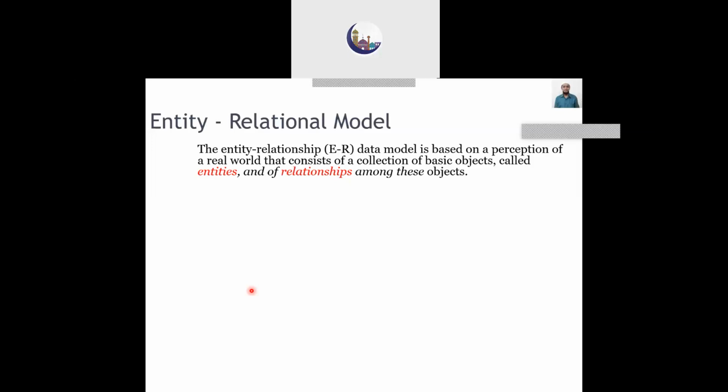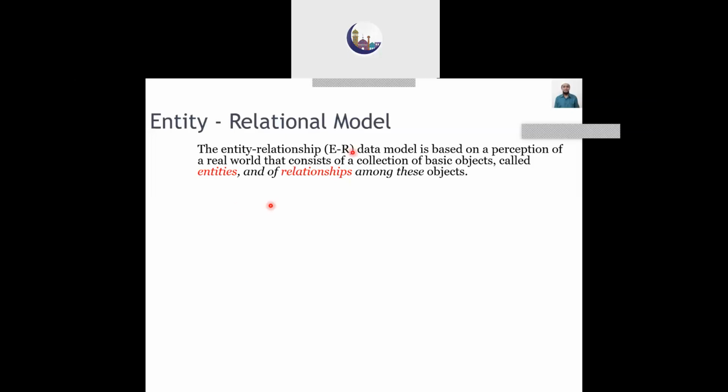Anything that exists in this world and can be distinguished from other things is called an entity. For example, the name of a place is an entity. A human being is an entity because one human being can be distinguished from others. A pin number is an entity. Relationship is association between different entities.